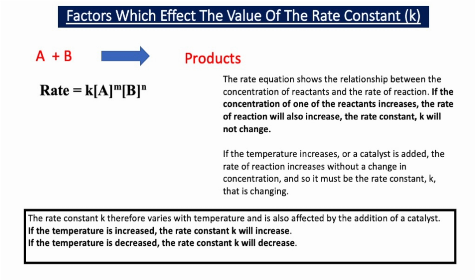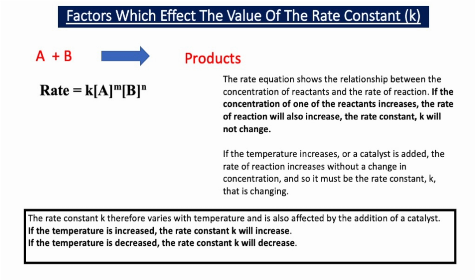Now the rate equation shows the relationship between the concentration of reactants and the rate of reaction. If the concentration of one of the reactants increases, the rate of reaction will also increase, because the rate constant k doesn't change when you change the concentration of reactants. It only changes with temperature.